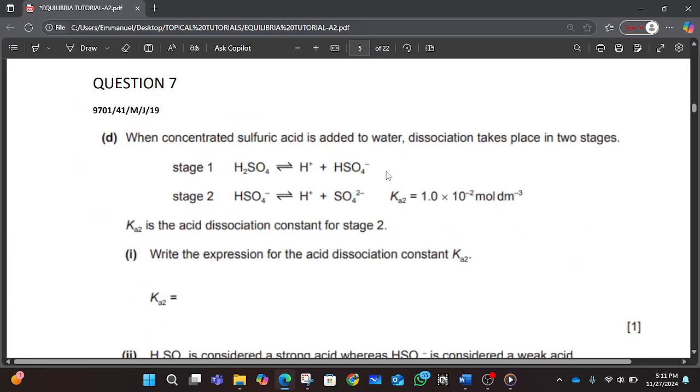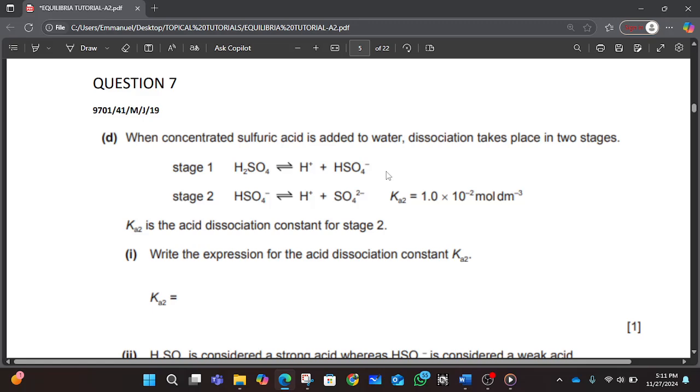Question 7 D. When concentrated sulfuric acid is added to water, dissociation takes place in 2 stages. Stage 1: H2SO4 dissociates to give H plus and HSO4 minus ion.